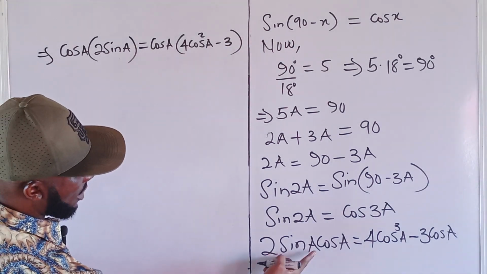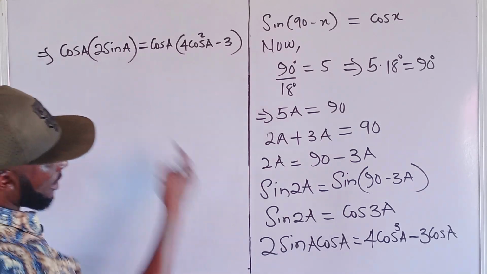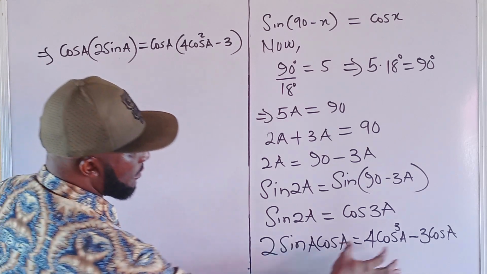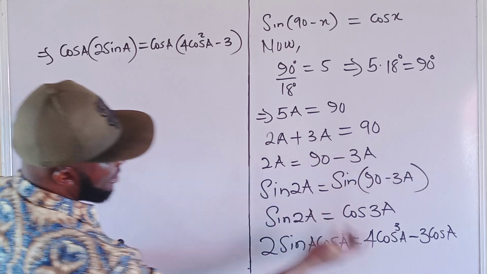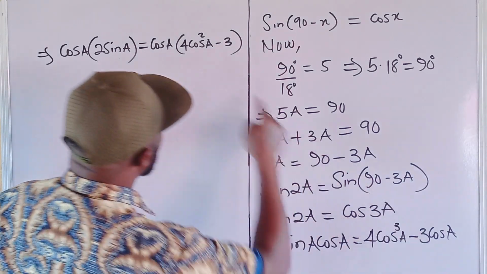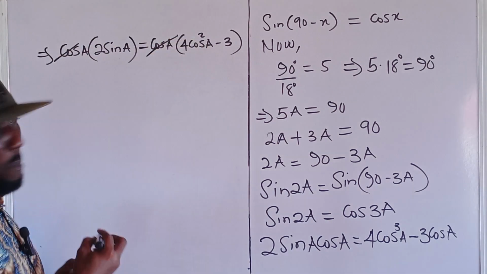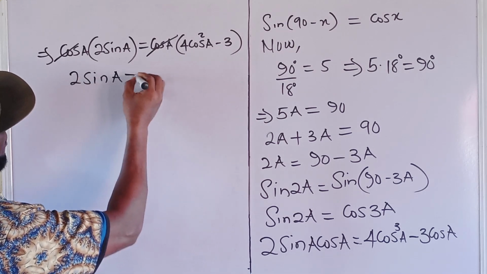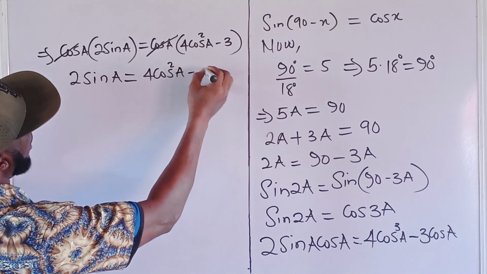So what happens here is not rocket science. Cosine A divides 2 sine A, 2 sine A is left. If cosine A divides here, the first term becomes 4 cos square A. If we use cosine A to divide 3 cosine A, 3 is left. So cosine A will undo each other. We are left with 2 sine A equal to 4 cosine square A minus 3.